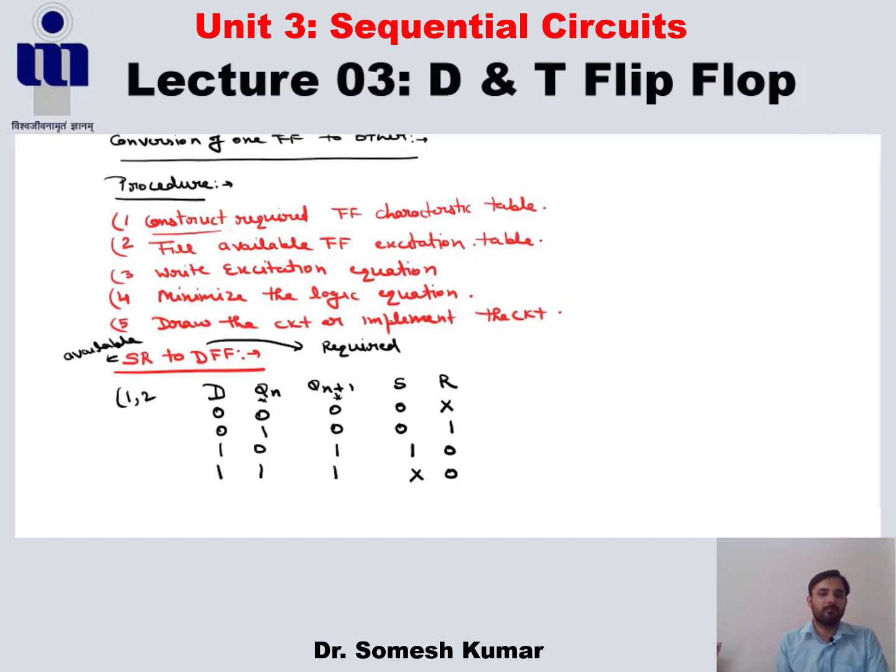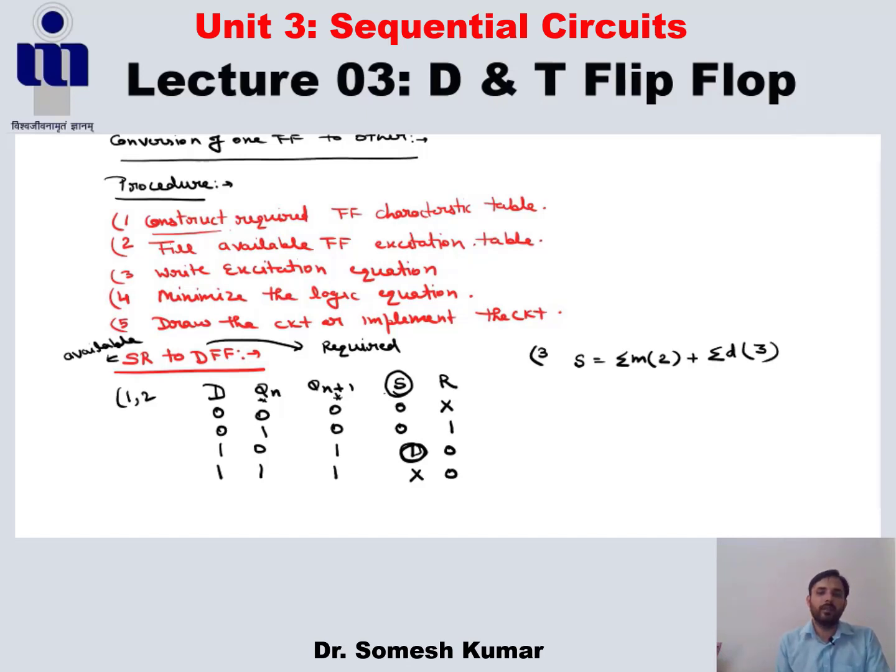In the third step, you have to write the excitation equation. So what is the excitation equation for S? Here S equals sigma M2, because this is 1 here, plus don't care condition at 3.